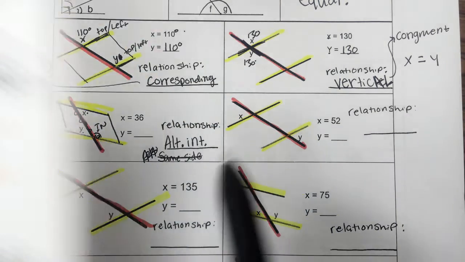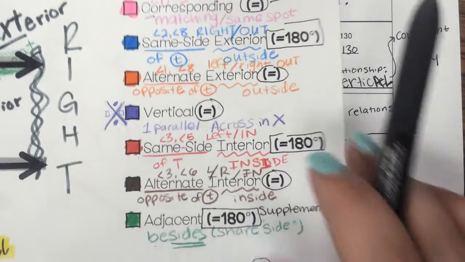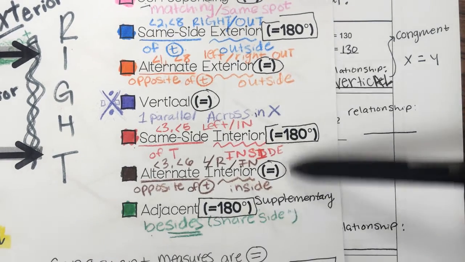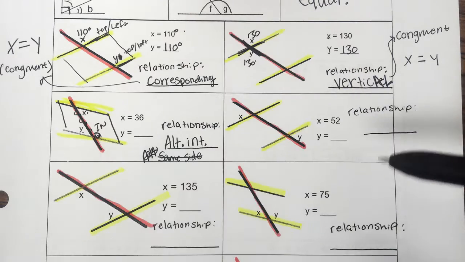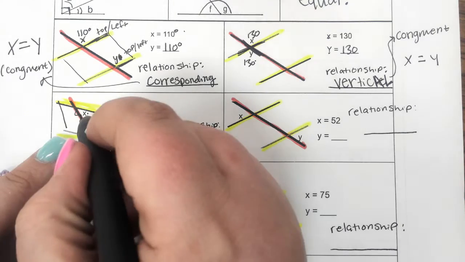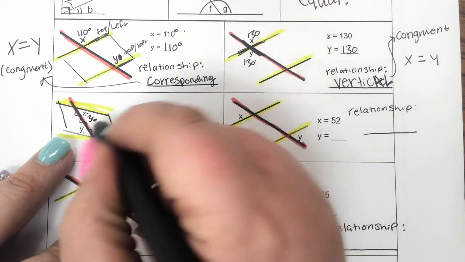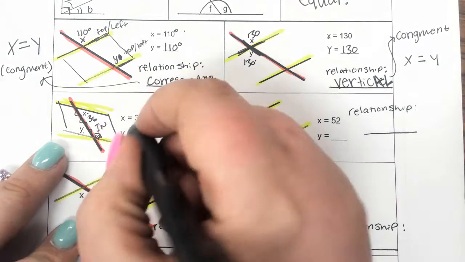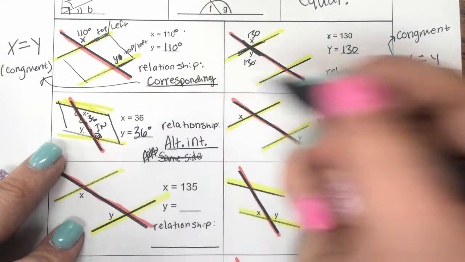It's a lot easier, I promise, if you memorize your vocabulary. Alternate interior angles are equal. Remember, alternate angles are equal. So that means that 36 is X, that's what they told us. Since alternate angles are equal, Y is also 36 degrees.